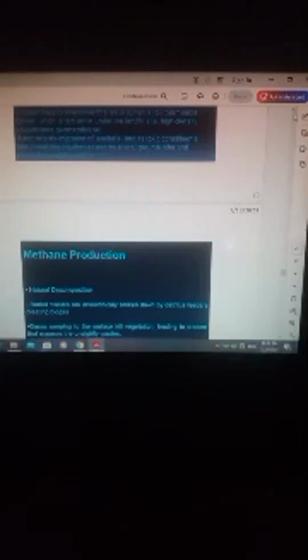In solid waste management, elephants and cows are eating recyclable components, and garbage is being burned. Methane production: in natural decomposition, buried waste is broken down anaerobically by microbes, creating biogas.